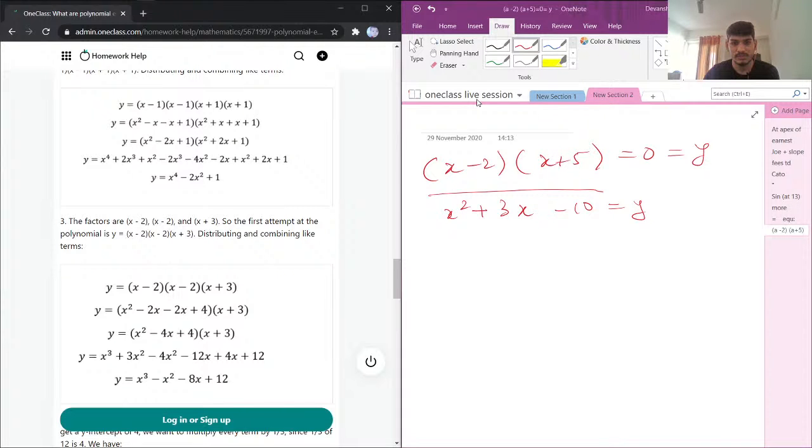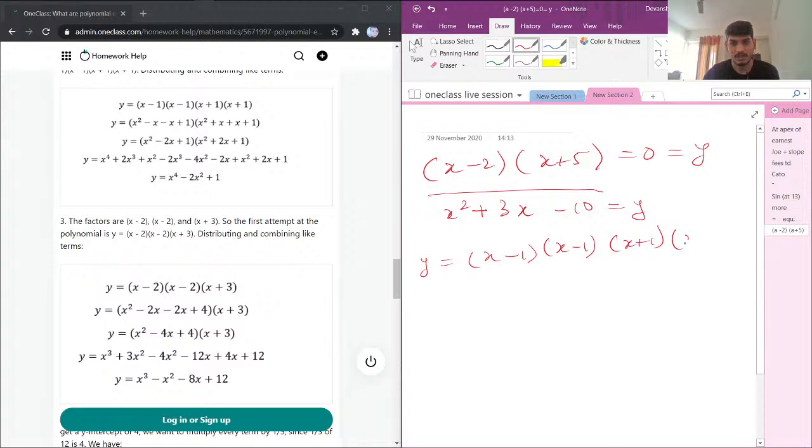So I'll just write y equals to x minus 1, x minus 1, x plus 1, x plus 1. I'll use the identity a plus b into a minus b equals to a square minus b square. Yep, that was the identity, I think.